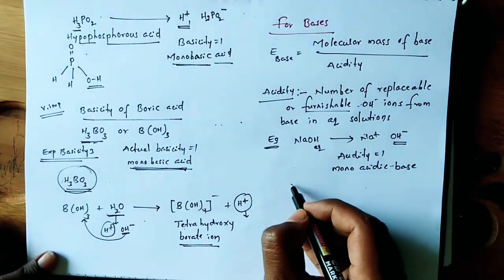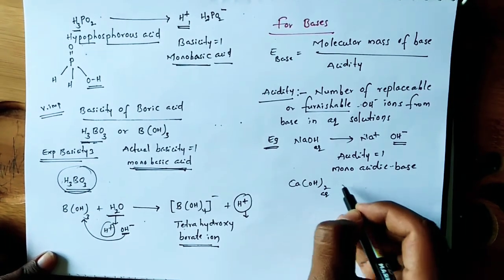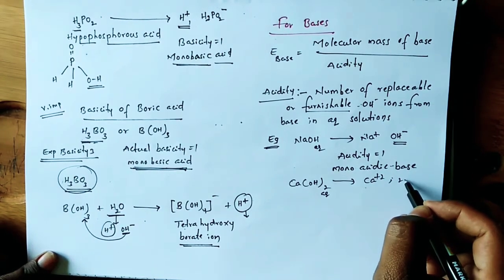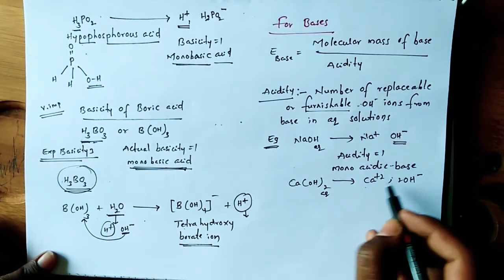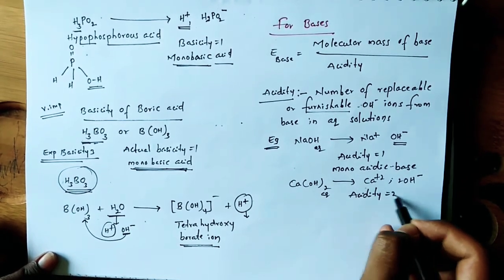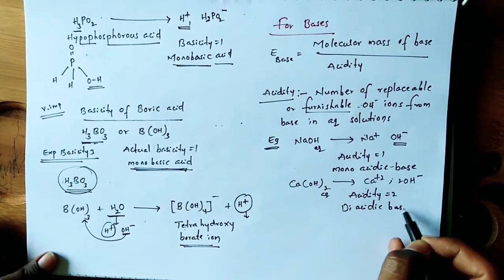For example, calcium hydroxide in aqueous solution can furnish 2 OH minus ions. So its acidity is 2, it is a diacidic base.